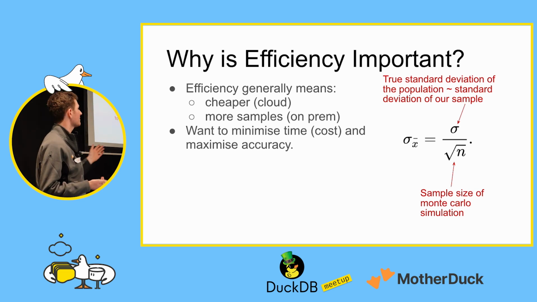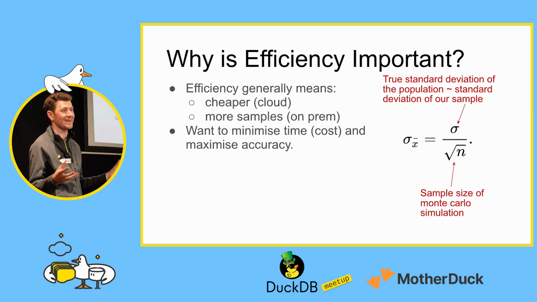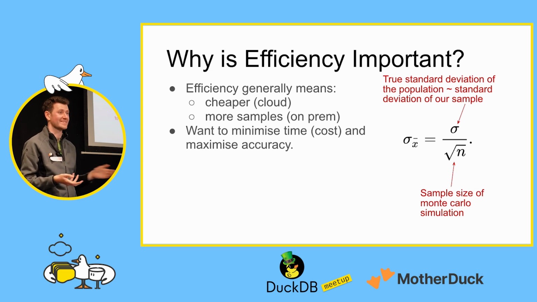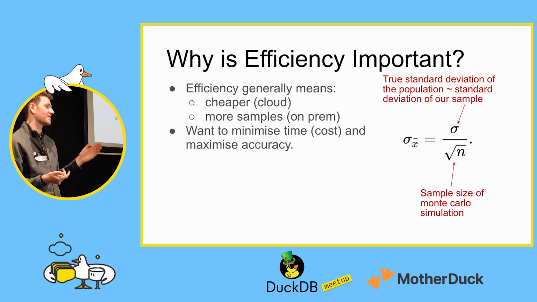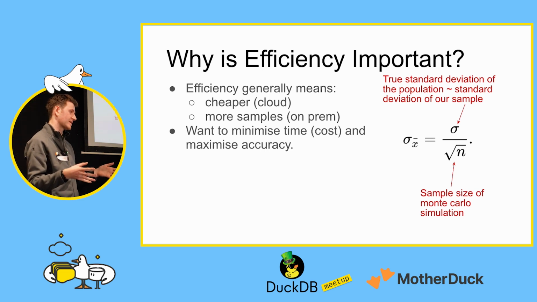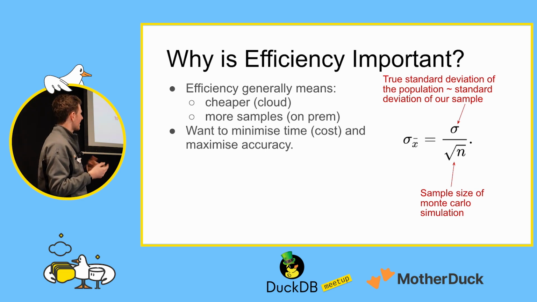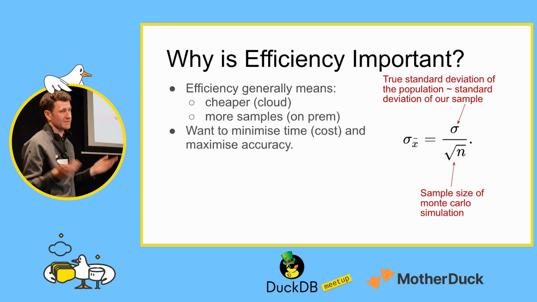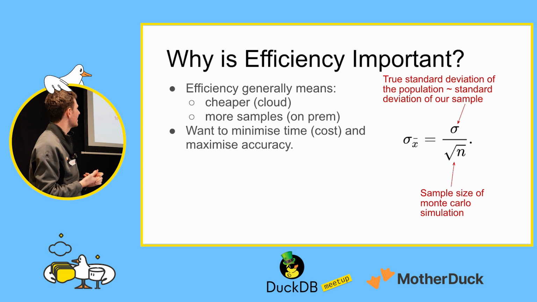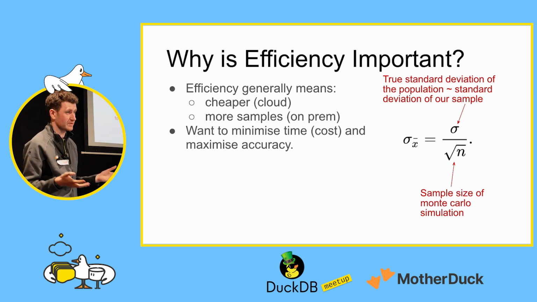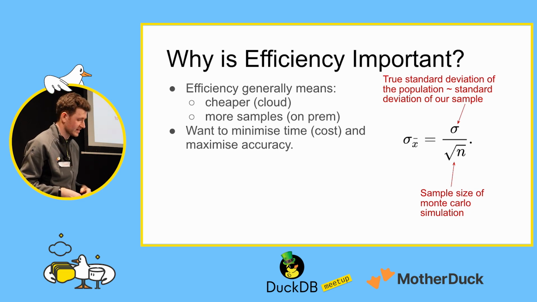So one of the examples that Monte Carlo sims are useful for is predicting weather forecasts. With the weather forecast, you've got to go on the news at 1 o'clock and say what the weather tomorrow is going to be. And so if you just have more efficiency, you can start to generate more and more of these samples. And so what we really want to do as people writing technologies, we want to maximize the accuracy of the results that we're generating. We want to minimize the time that it takes to do it.